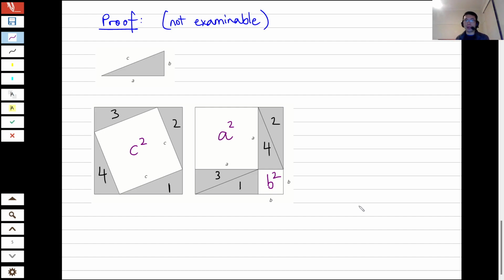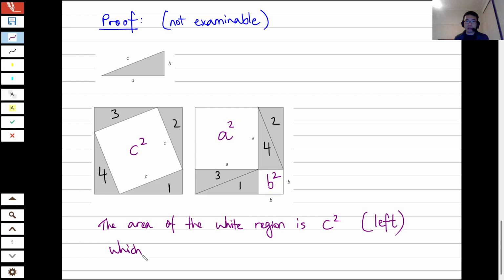And maybe you see where this is going. The area of the white region is c squared on the left picture, which also equals the combination of the two smaller squares, a squared and b squared here.